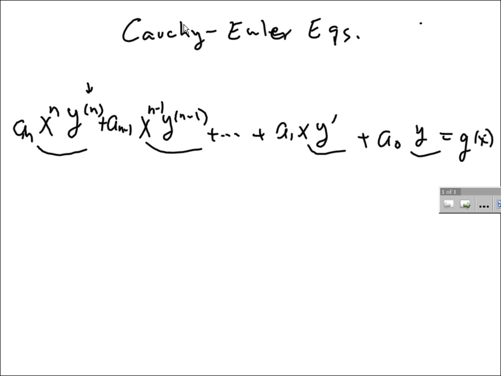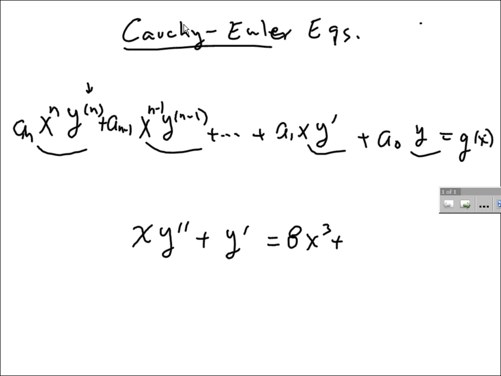And if it doesn't, it can still be Cauchy Euler if we can get it to be like this. For example, if you have x y double prime plus y prime equals 8x squared plus 7.